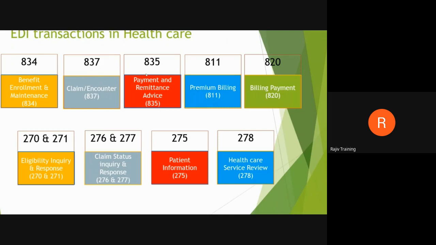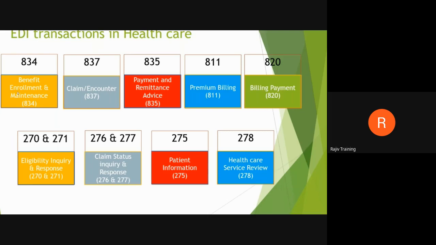If we speak about 835, right? It is used by insurers to make payments and send EOBs, explanation of benefits, and remittance advice to healthcare providers. So this is the code used.